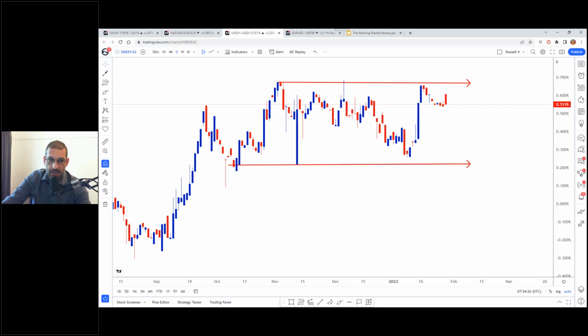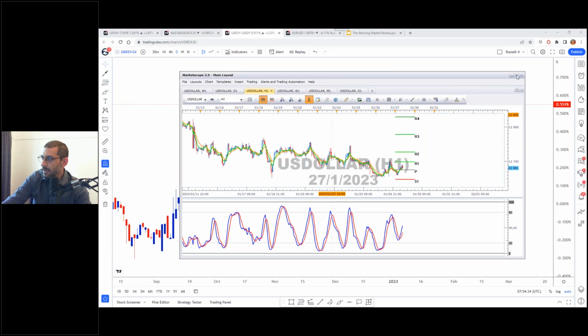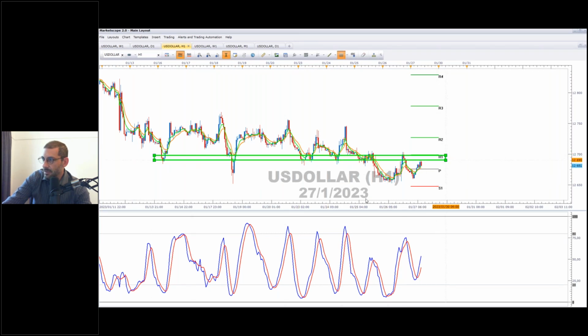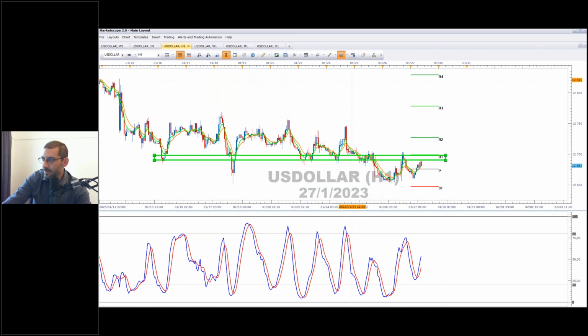Okay, but leading into next week, if we bring up our main layout and just take a look at what's happening with the US dollar, what we saw earlier in the week was that there is this thick line of support turned resistance. We actually identified this, and not only did we identify it, it behaved pretty much as expected.